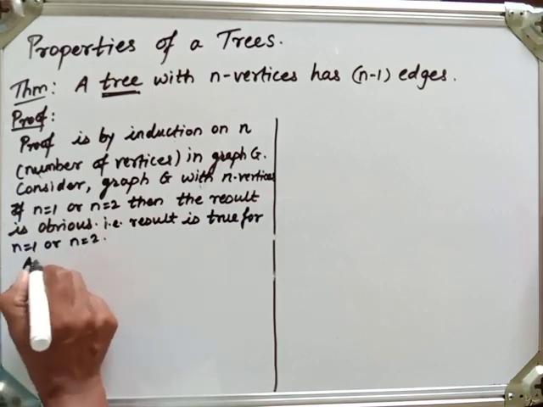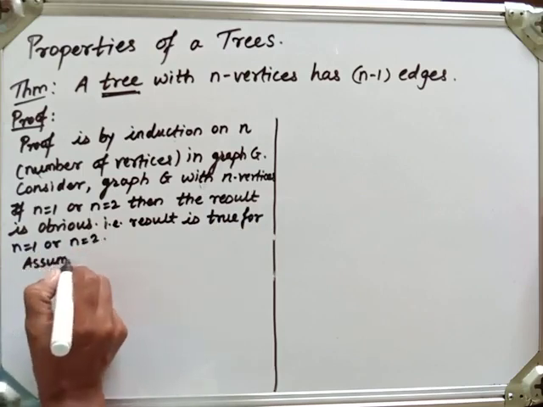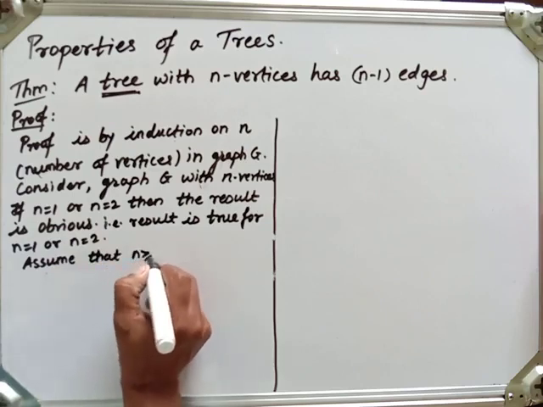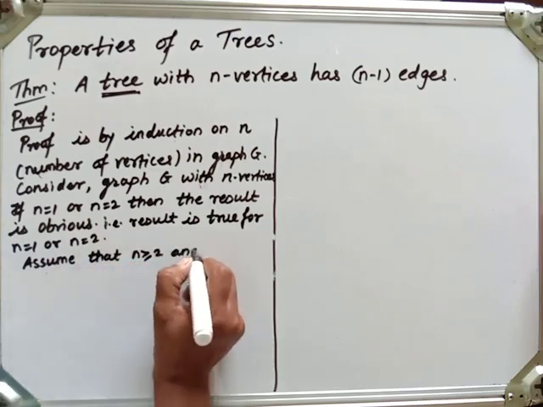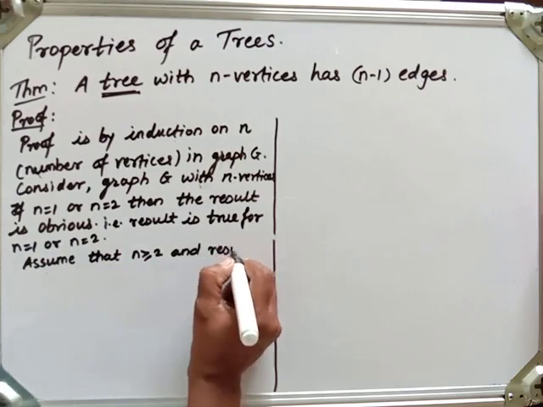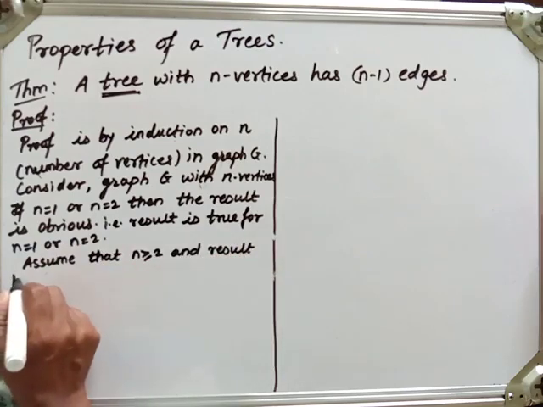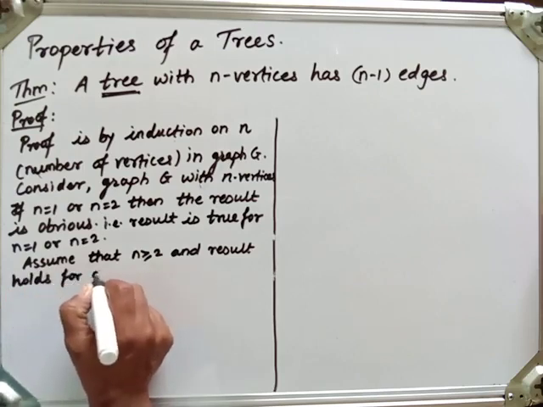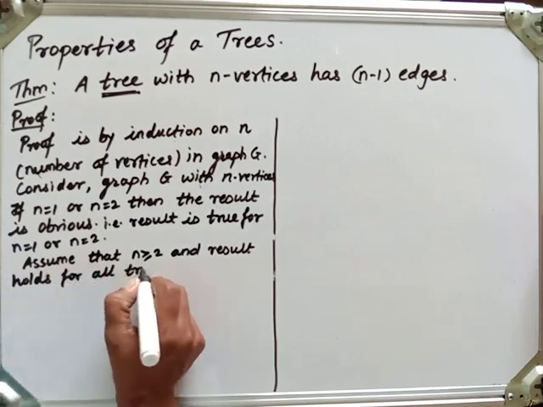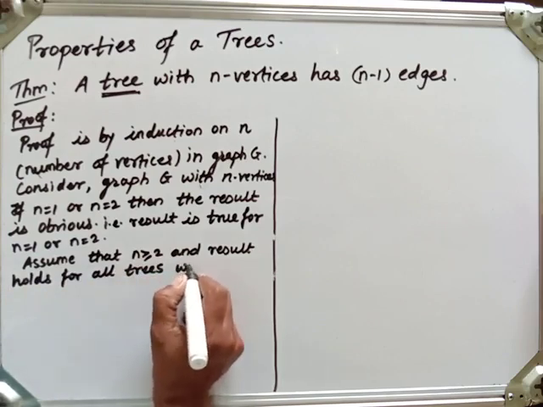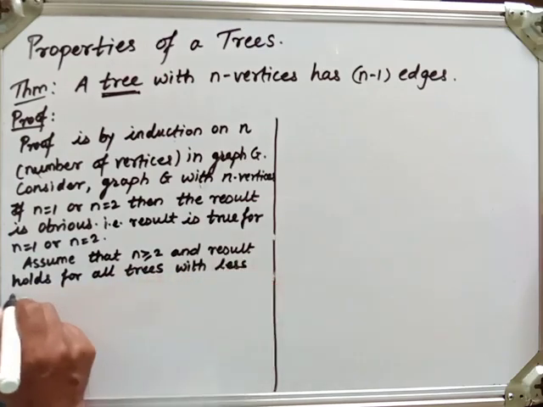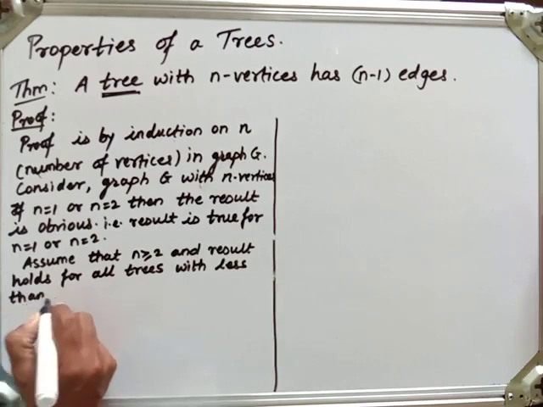Now assume that n is greater than or equal to 3, and the result holds for all trees with fewer than n vertices.